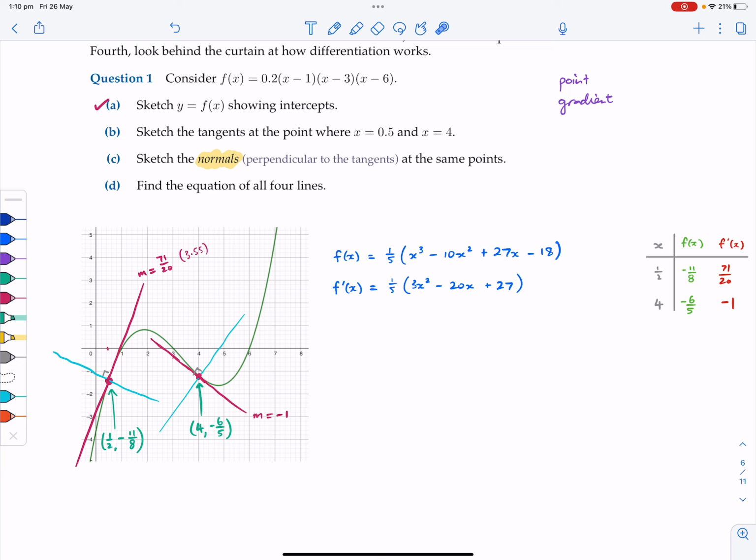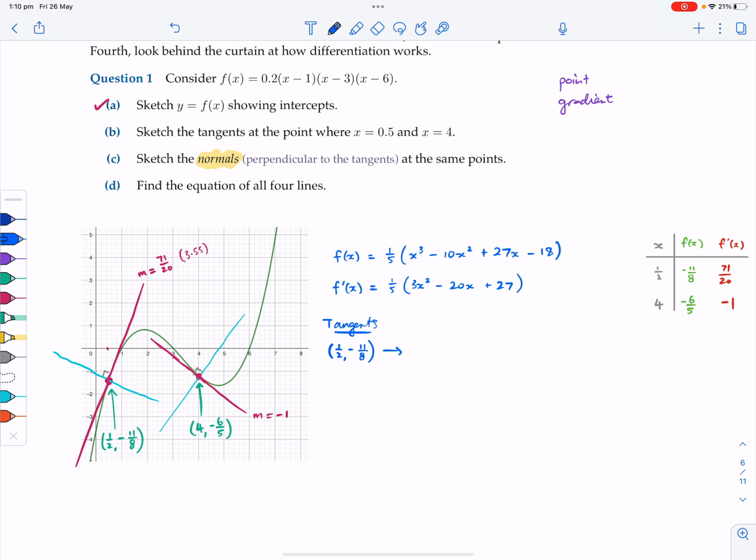Now, I've only put these in this table form for the purpose of the video. I mean, it's not a bad thing to do, but I don't want to be stopping and calculating. So we've got 4 things to find. I'm going to find the tangents first. This is exactly how I want you to set out the working. So we've got the point half, comma, negative 11 over 8.